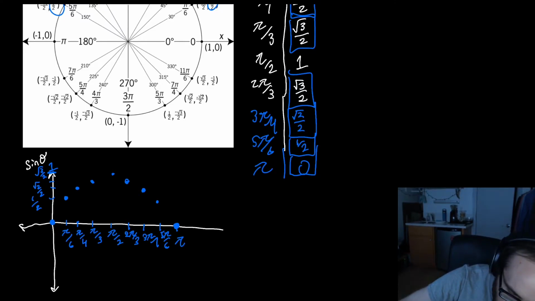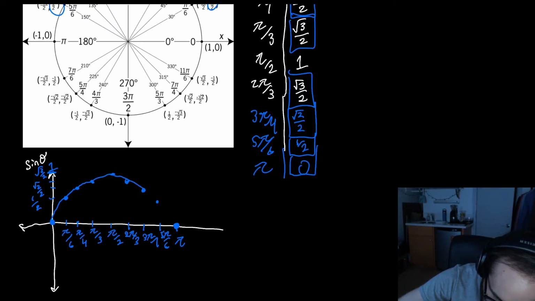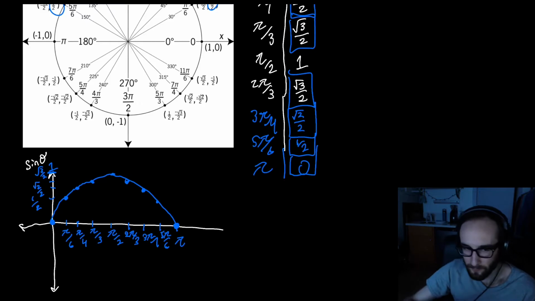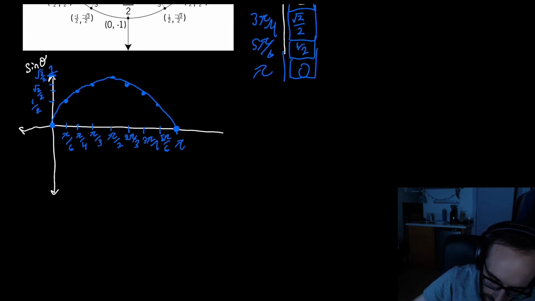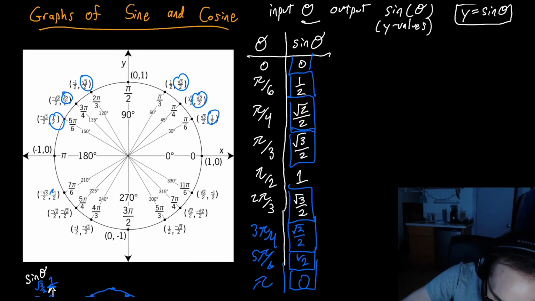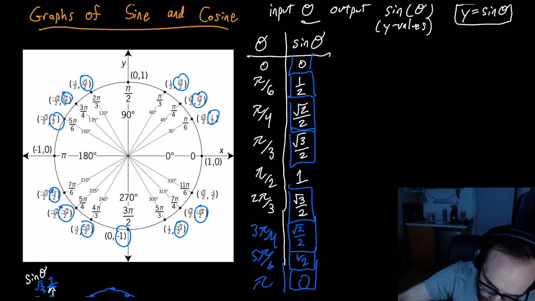All right, so if we start to connect our points, you can see we end up with what's starting to look like a U shape in a way. But not really a parabola, so kind of like this dome shape to start. When we keep going on our table, we would keep looking at these y values as we go around the circle.